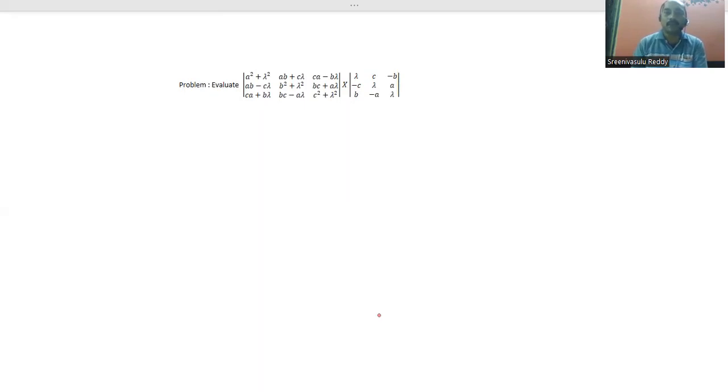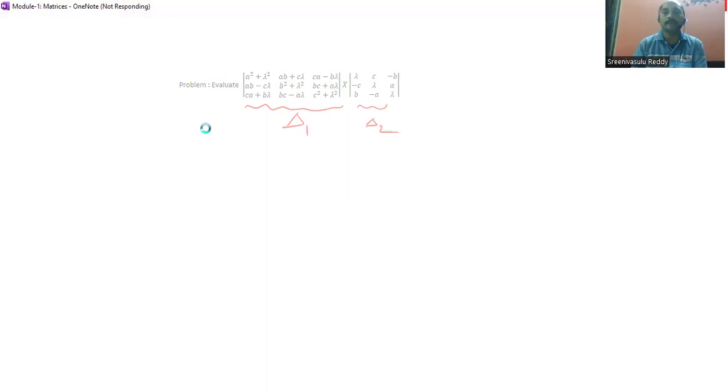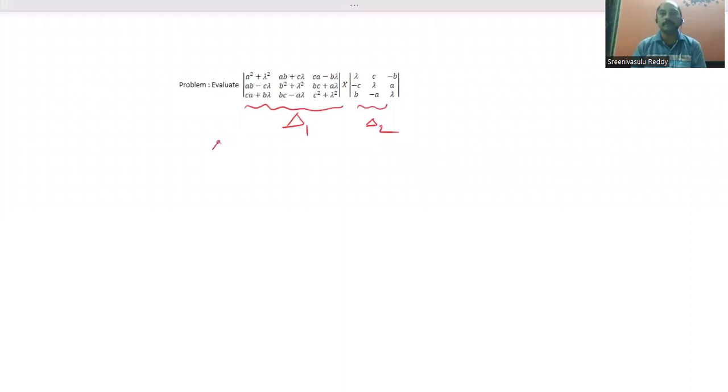Now let this be D1 and this be D2. Now we require their product, D1 into D2. The resultant is also 3 by 3, since this is 3 by 3 and this is 3 by 3.